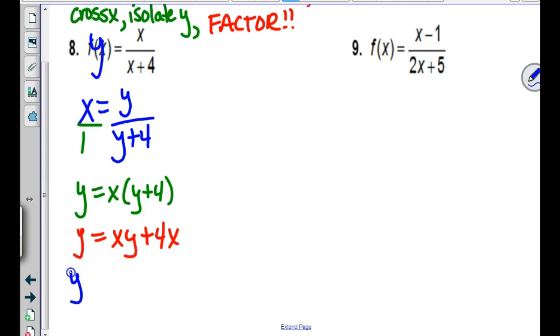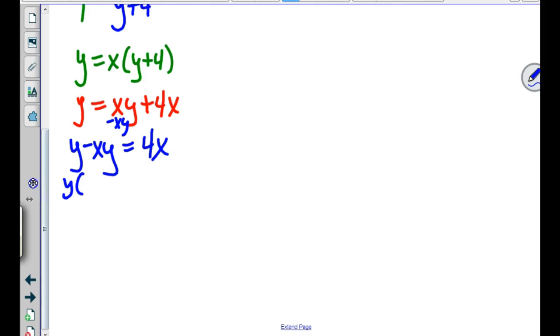So we're going to have y, and we're going to subtract an xy over there. Okay, now I wrote factor. Why do I write factor? Factor out a y. What's left over here is, be careful. Oh, you're making me sad. If I factor a y out of this, what do I get?